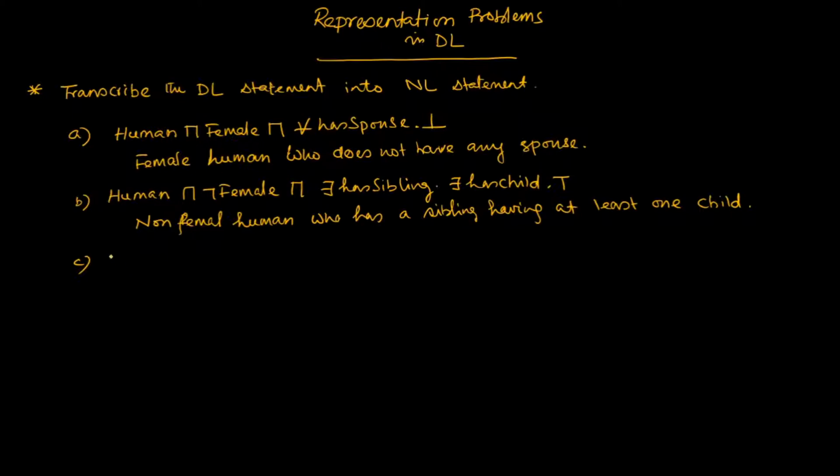The third problem goes like this: the movie intersection for all has acted negation of German. Apparently you can say movies that have only actors that are not German, but the better way to say the same thing is: movie that does not have any German actor.